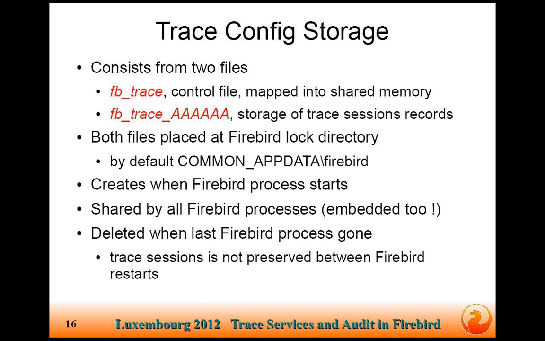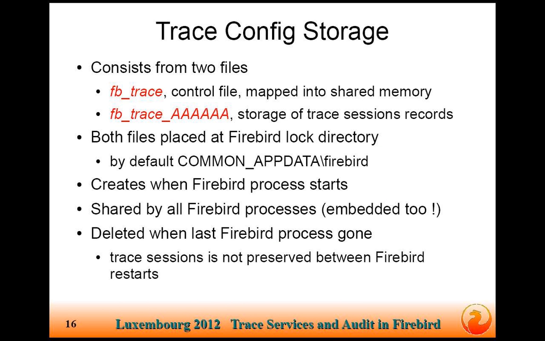We should have a configuration storage separate from any user database. For some reason we decided not to use the security database. One of the reasons is that in Firebird 3 there will be no central security database. So at the final step we decided to implement a very simple file-based storage for the trace records.